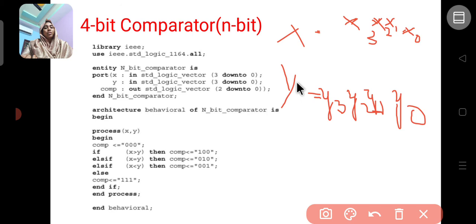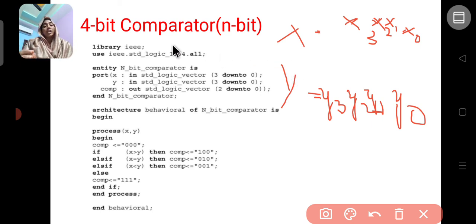The previous circuit is a 1-bit comparator, here it is an n-bit comparator. For example, I am writing a VHDL code for a 4-bit comparator. We have only two inputs, X and Y. In each input we have n number of bits.